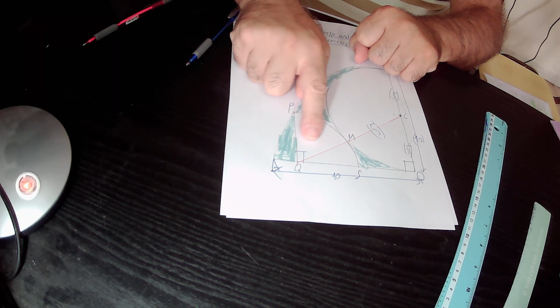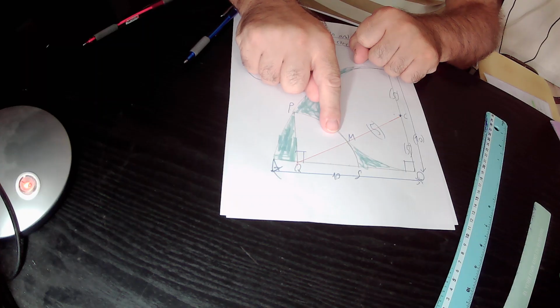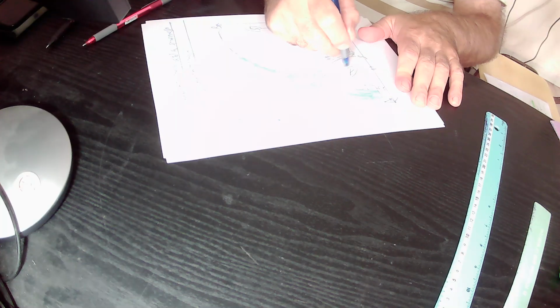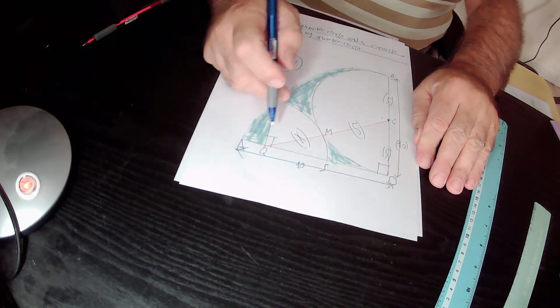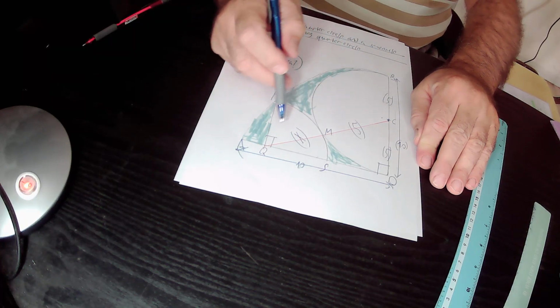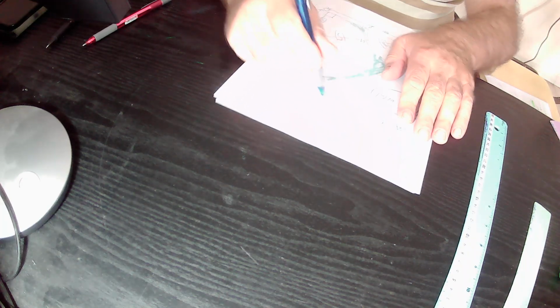Therefore, MQ is the radius of this quarter circle. We'll define the radius of this quarter circle as x. So MQ equals x. And because according to rule 10 CMQ is one straight line, it means that CQ in total equals CM, that is 5, plus MQ, that is x. So in total CQ equals x plus 5 units in its length. CQ equals x plus 5.